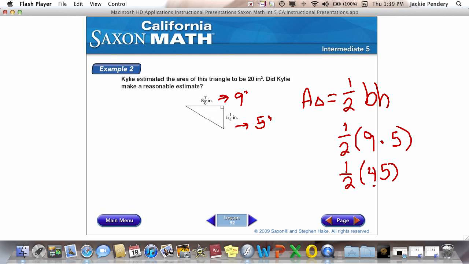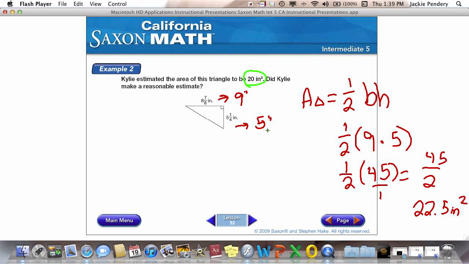We convert this to a fraction, 45 over 1, equals 45 over 2, which equals 22.5 inches squared. Okay, so if Kylie's estimate was 20 inches squared, did he make a reasonable estimate?